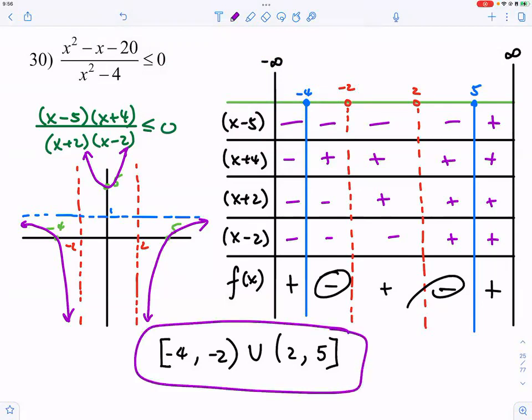Again, when you're solving an inequality, you're just looking at what x value or values would make the inequality statement true. You are just trying to find out what makes it true.